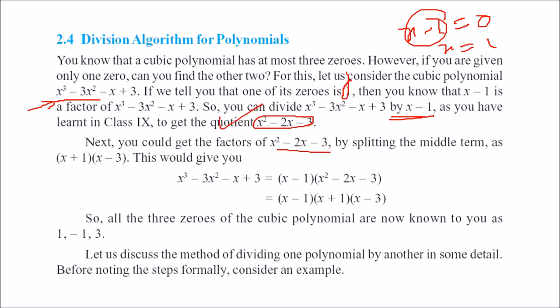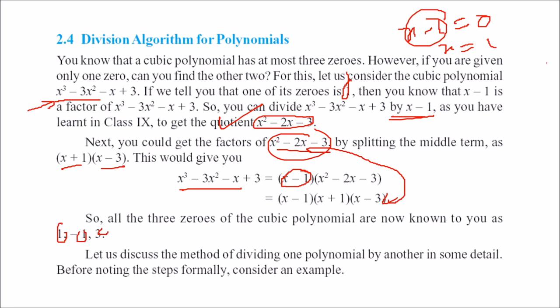Now x square minus 2x minus 3 can be factorized as x plus 1 times x minus 3. So the zeros are x minus 1, which I have already told you is a solution, and x plus 1 and x minus 3, which you found from here. These are the three zeros of the cubic polynomial: 1, minus 1 and 3.